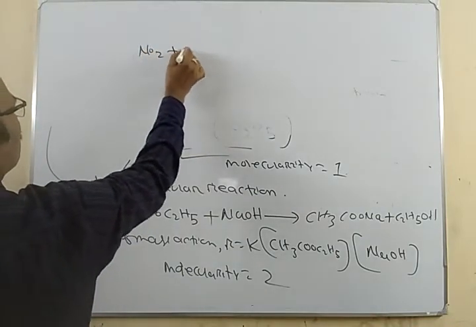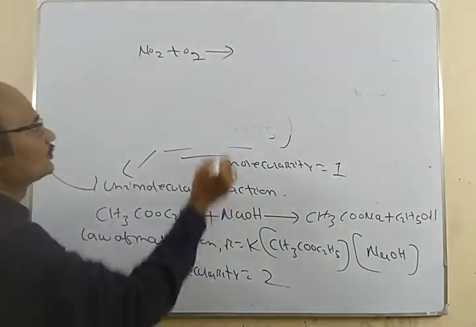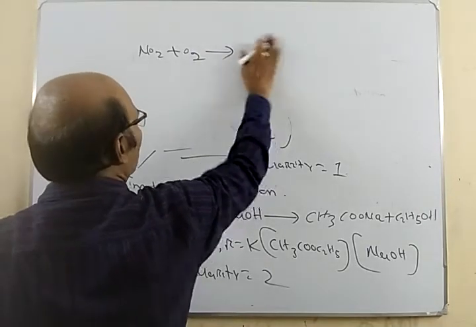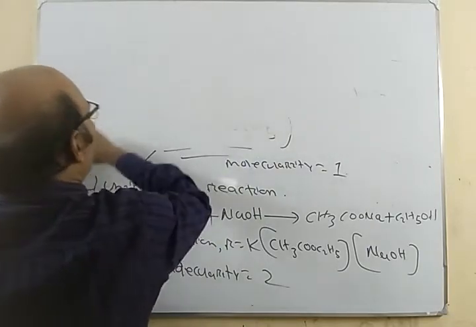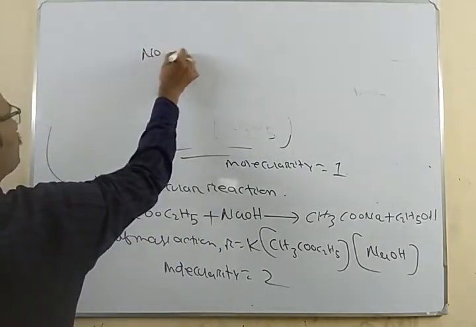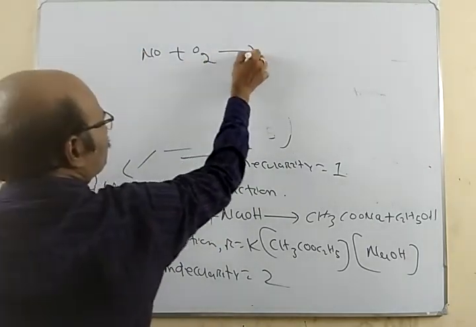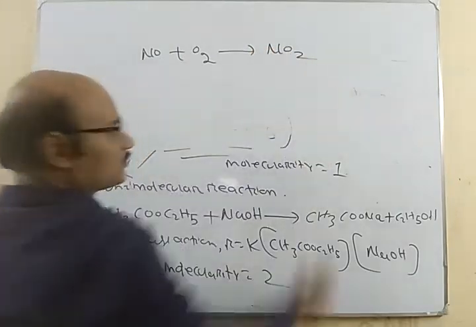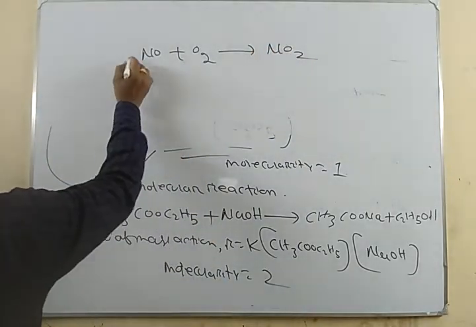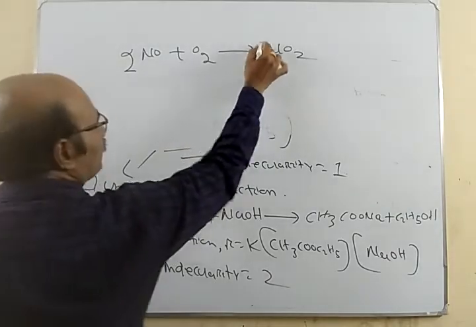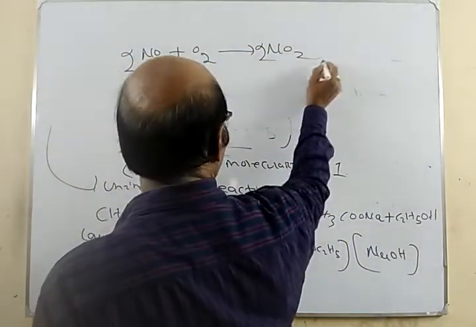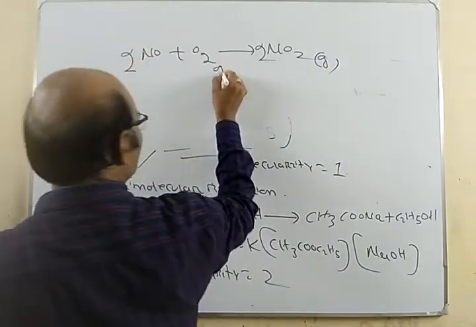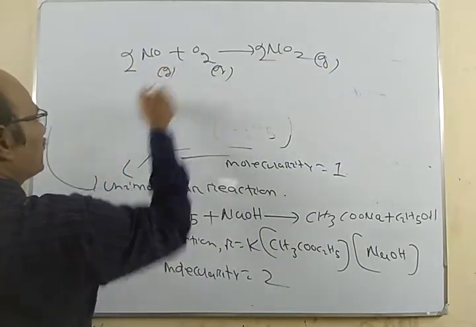Similarly, if I take NO plus O2, 2NO plus O2 gives 2NO2 gas.